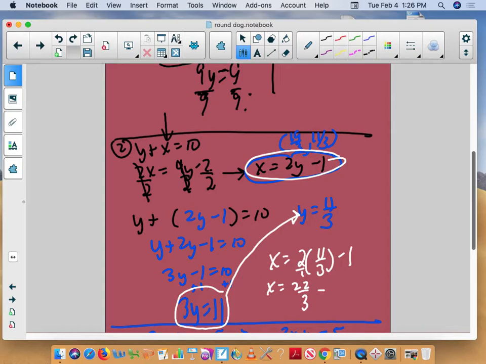You need a common denominator. I can't subtract those two things. What's your common denominator here? Isn't this like 1 over 1? So I got a common denominator. I made that 3 over 3. They have to have a 3 on the bottom, so I have to have a 3 on the top. And that gave me 19/3 for my answer up here.